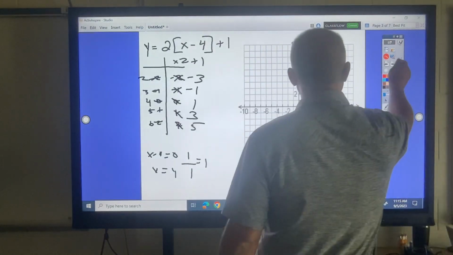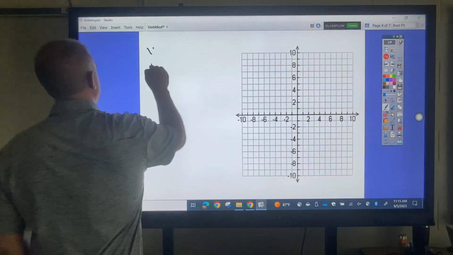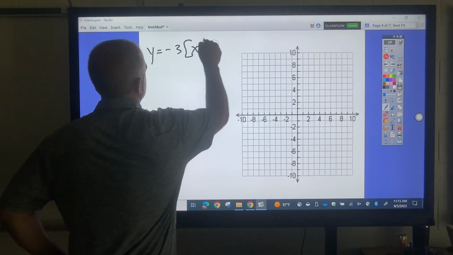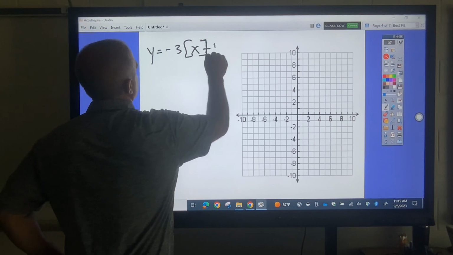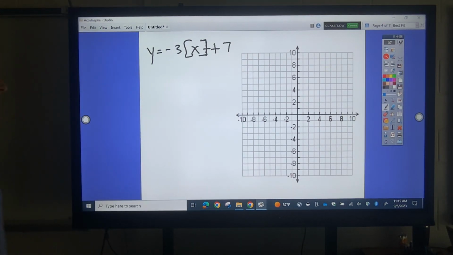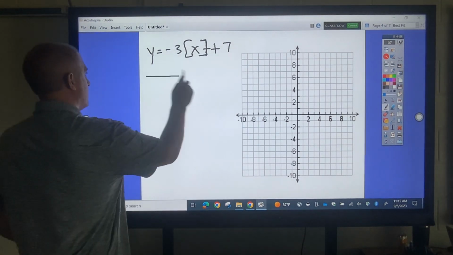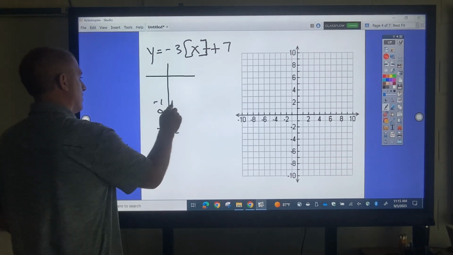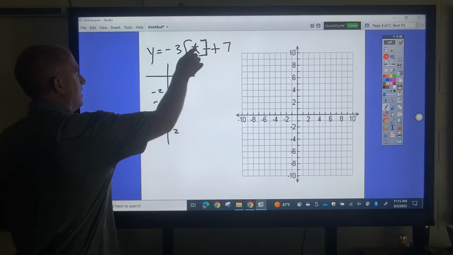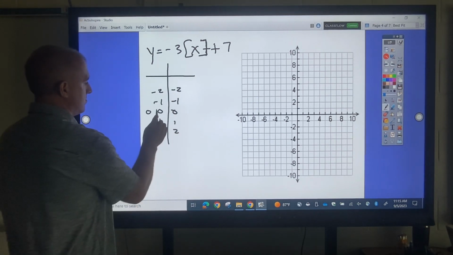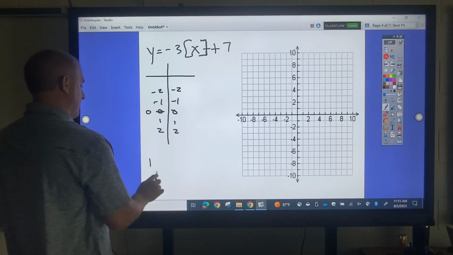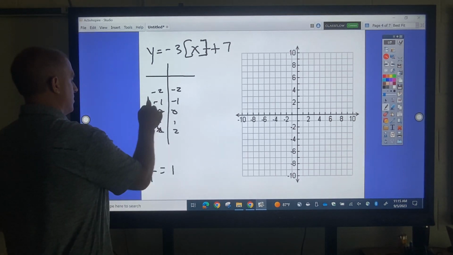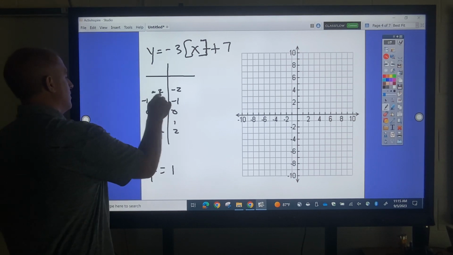Let's do 2 more. Let's say I got y equals negative 3 times the greatest integer of x, plus 7. Okay? So same start. Solve the inside, still 0. Okay, interval, 1 divided by 1 is 1. So that's going to be 1, 2, negative 1, negative 2.